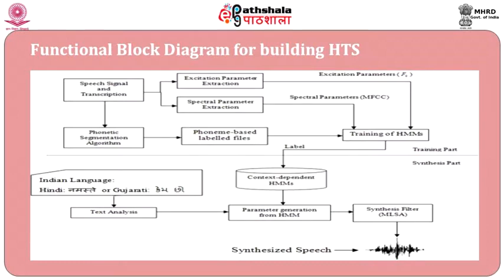Then the state duration of the HMMs is determined. Then using the speech parameter generation algorithm, spectrum and excitation parameters are generated. Finally, using the mel log spectrum approximation, which is MLSA, filter, the speech waveform is generated.